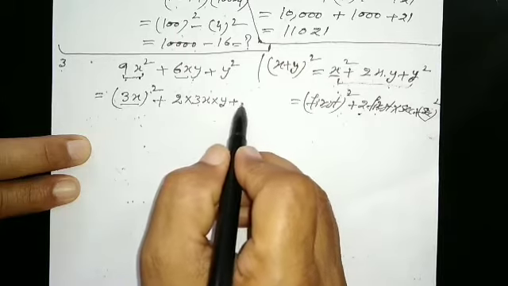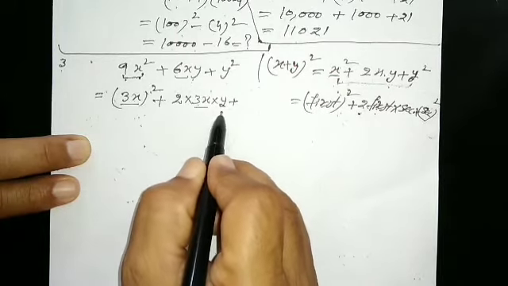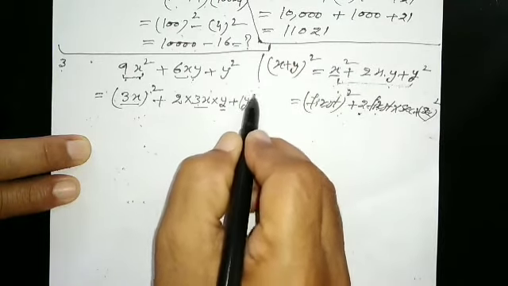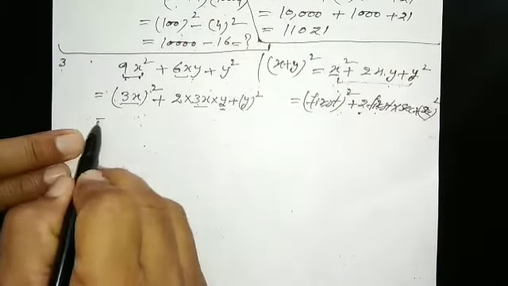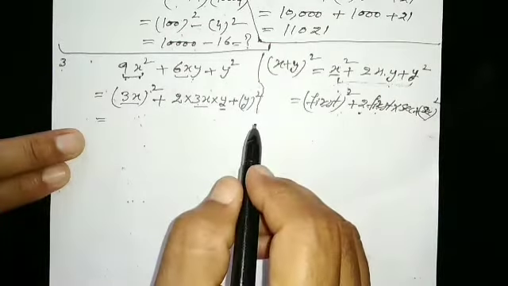And the next one is square of second. This is first and this remaining is second. Now close this identity as first plus second.